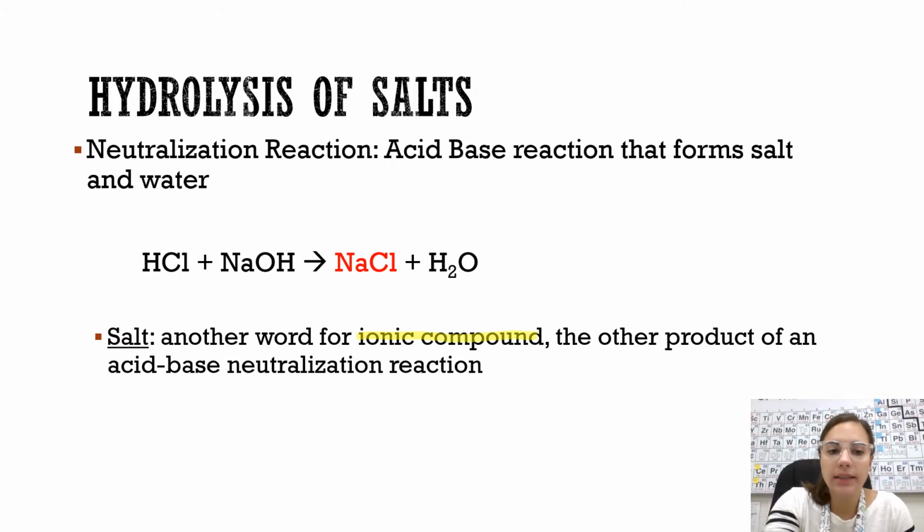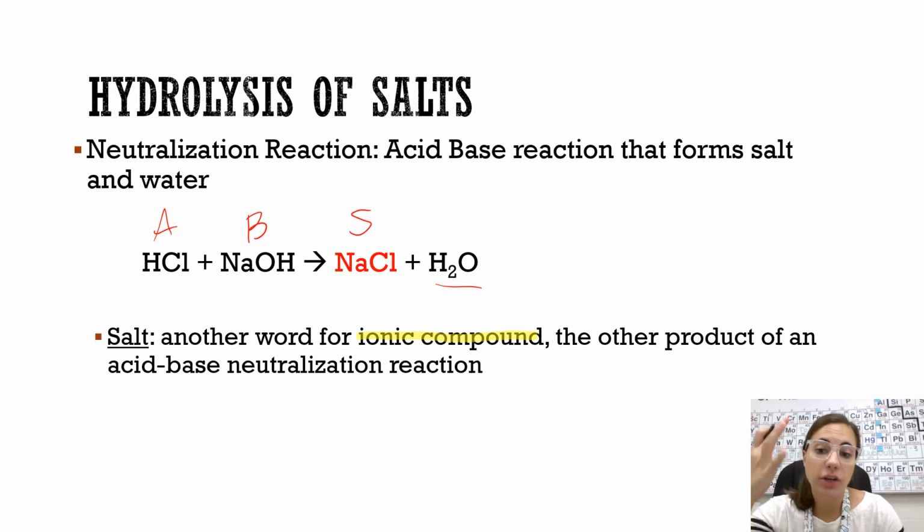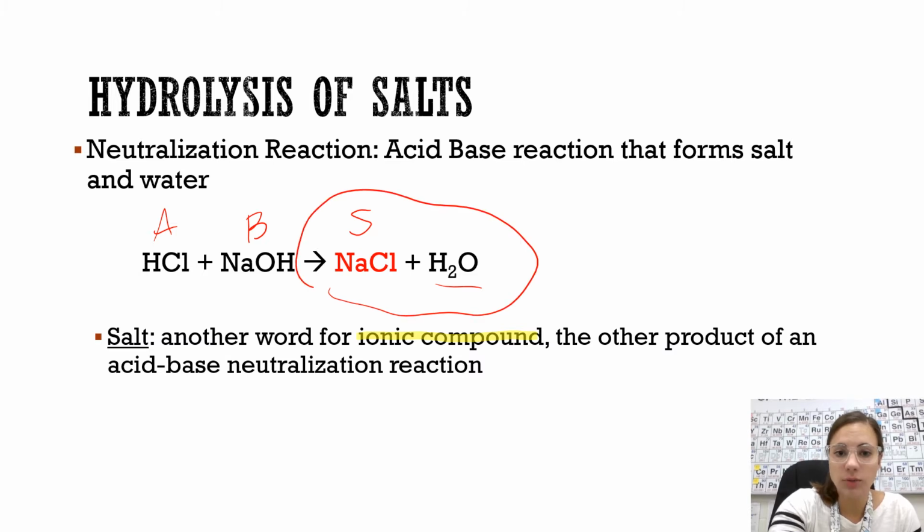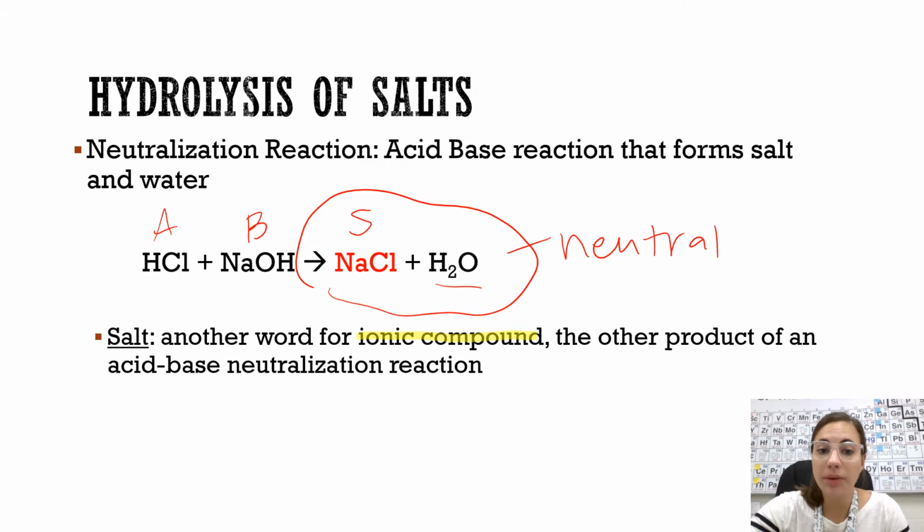So an acid and a base, it's going to make a salt and water. And up until this point in your science career, this product was neutral. And so it made sense that it's called a neutralization reaction.